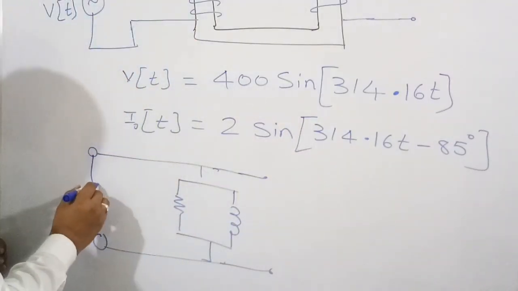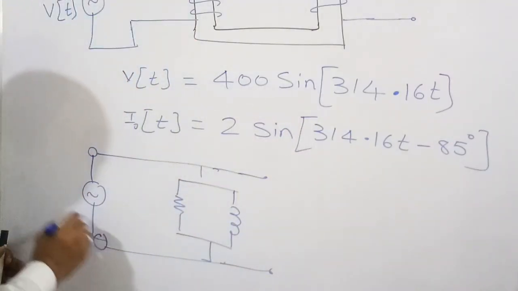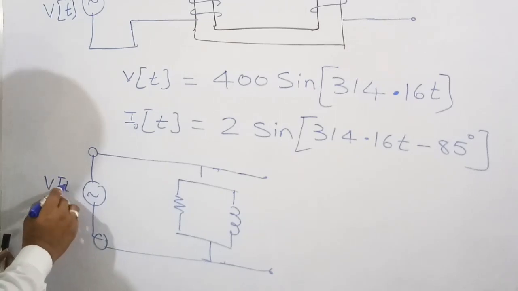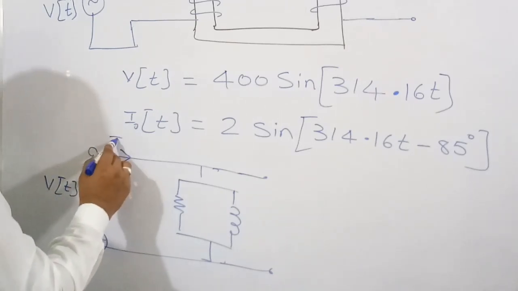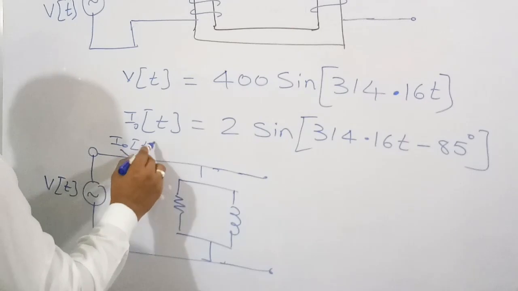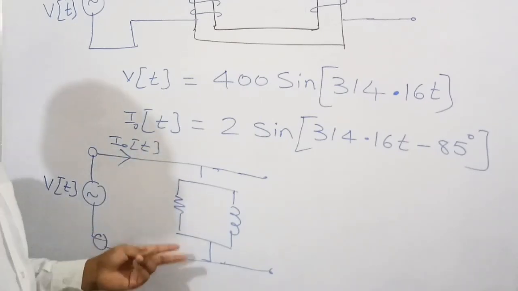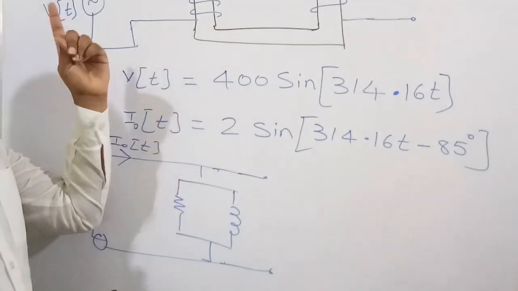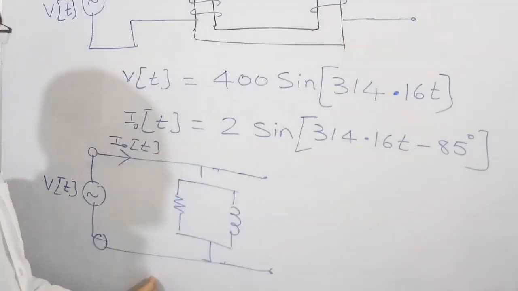Here we have kept a voltage which is V of t, right? We have kept a current, which is I naught of t. This is a physical diagram, and this is the equivalent circuit.